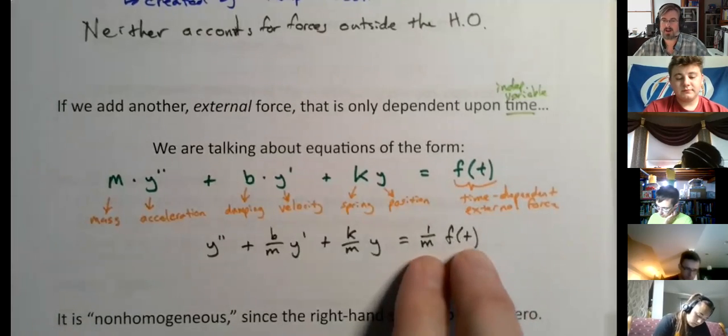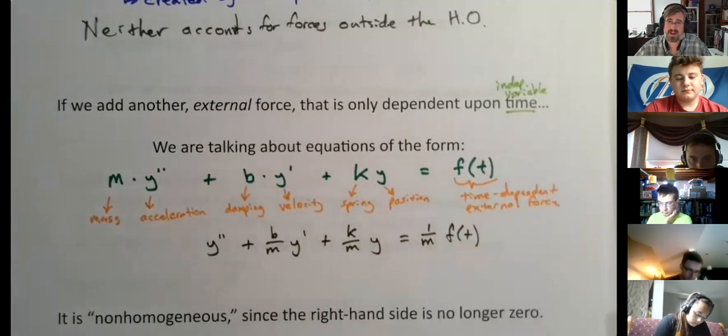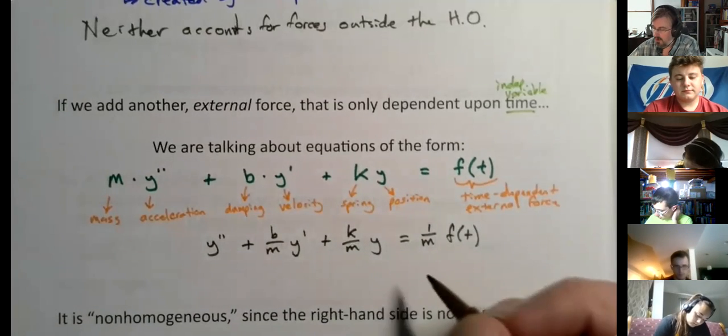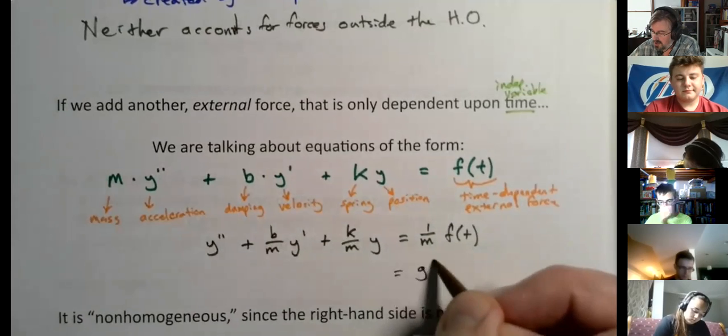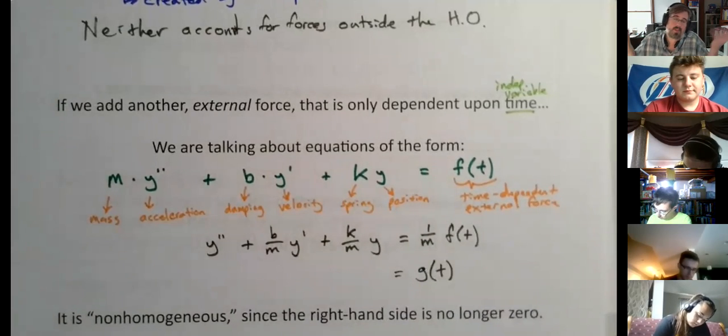Remember, mass is just a parameter, just a number. So this is just a number times that function. Sometimes this is also written as a new function named g of t. Doesn't matter.